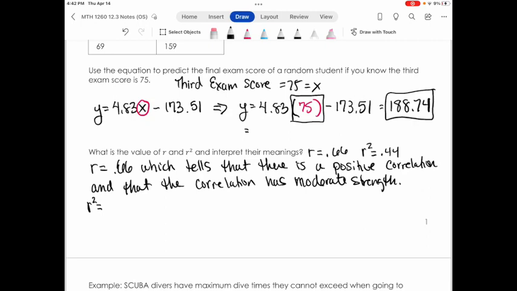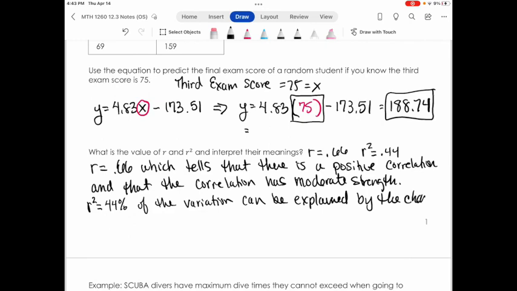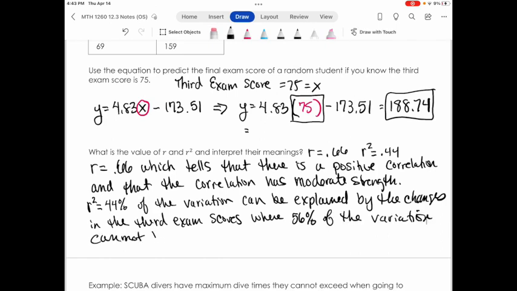That 0.44 means that 44% of the variation can be explained by the changes in the third exam scores, where 56%, because that's the complement of 44%, where 56% of the variation cannot be explained.